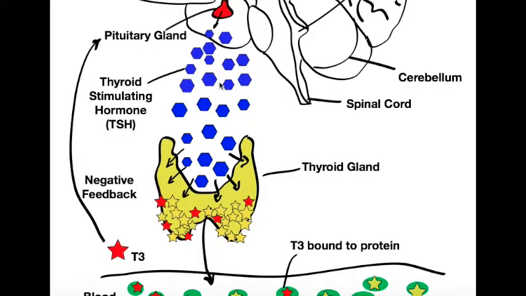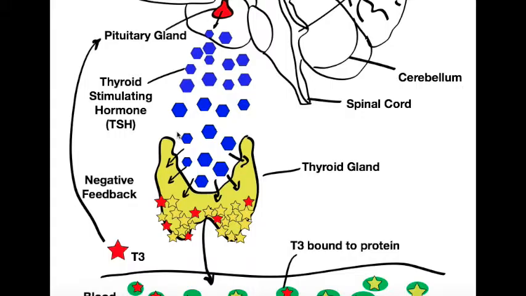Once they stop, the impact on the thyroid gland is removed, and therefore the thyroid gland doesn't produce more thyroxine hormone. Once the thyroxine levels in the bloodstream start to drop because the thyroid gland is not producing any more hormone, that reduced blood concentration of the hormone then goes back to the pituitary gland, which is informed that we don't have enough thyroxine in the blood. So the pituitary gland then starts producing more thyroid stimulating hormone, and it works in this quite clever cycle and regulates the amount of thyroxine in the body.